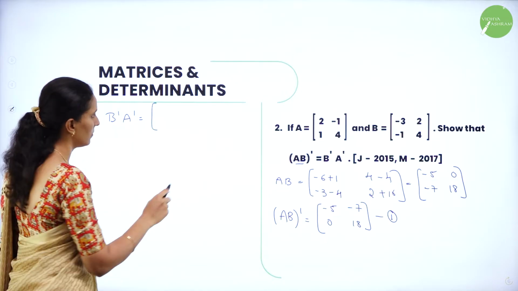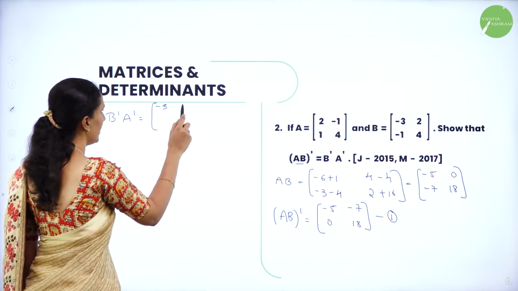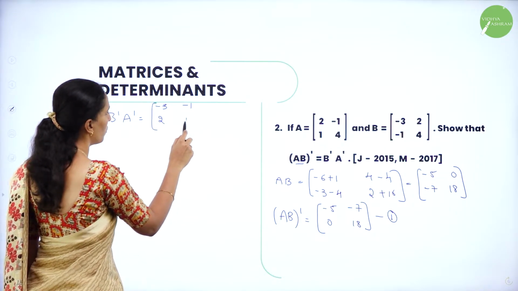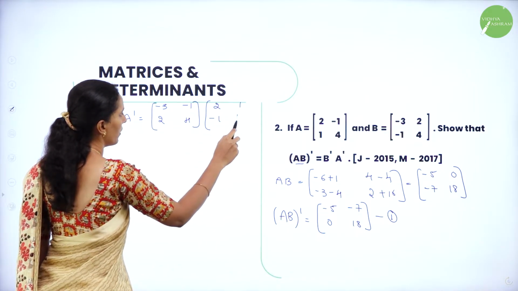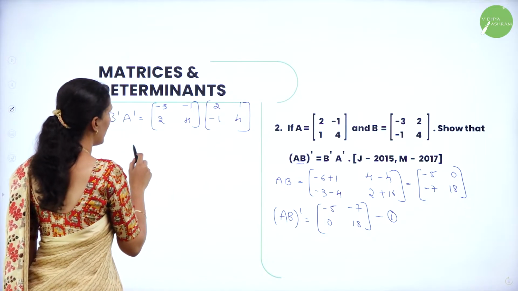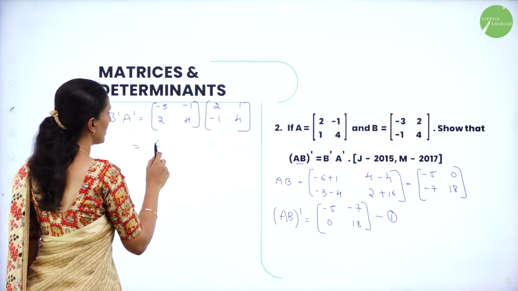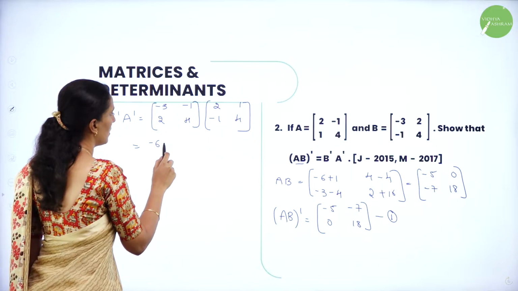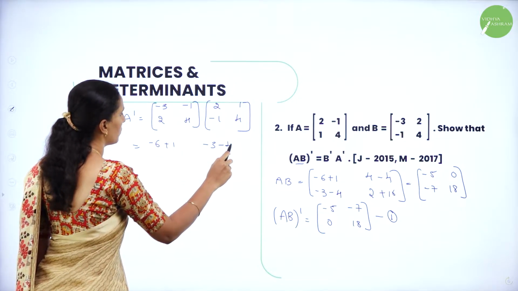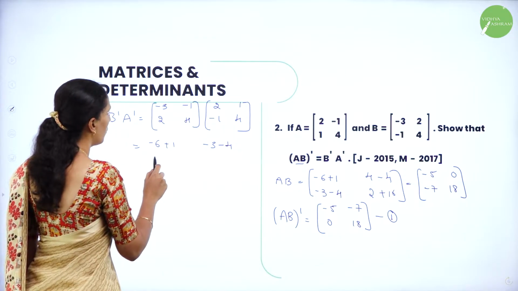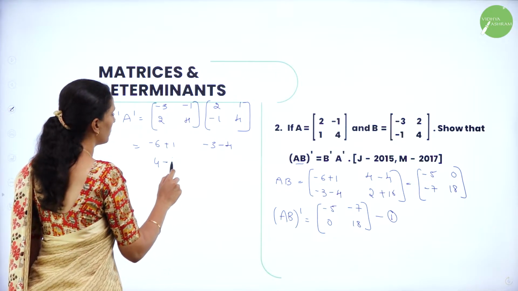Write B dash. B dash is minus 3, minus 1, 2, 4. A dash is 2, 1, minus 1, 4. Now let's multiply. Minus 3 2s are 6, minus 6 plus 1. Next we have minus 3 minus 4. Next we have 4 minus 4.